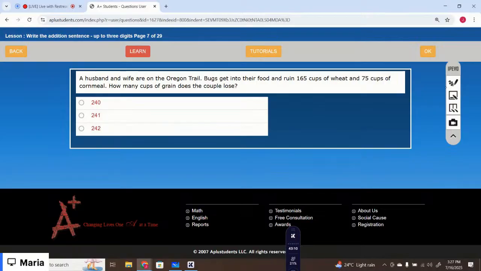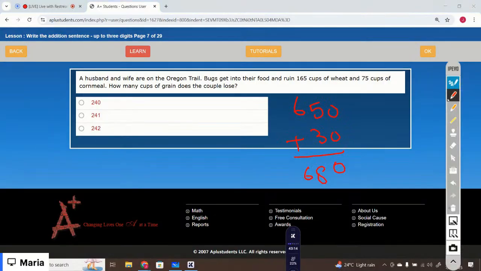We need to add them because these are the total cups of food, right? 165 plus 75. So 5 plus 5 makes 10, right? 0 and then 1. 6 and 1, 7 and 7, 7, 14 by 4 and 10, 1.